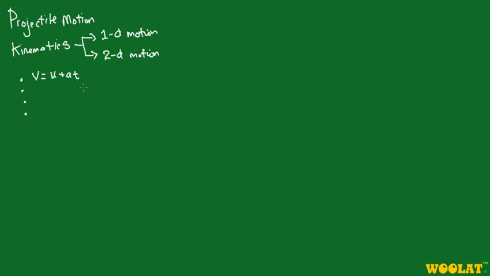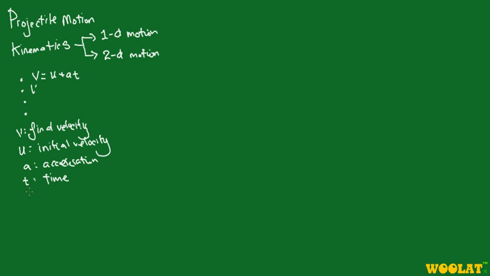In case you have forgotten, v stands for final velocity, u stands for initial velocity, a stands for acceleration, t stands for time, and s stands for displacement.